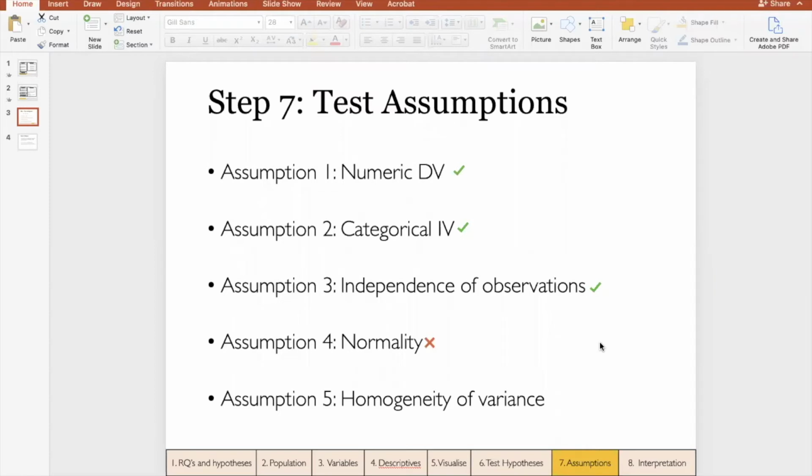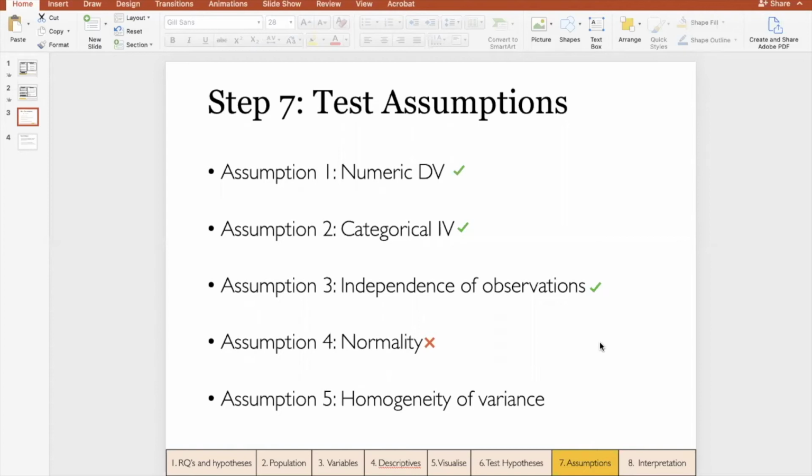And same thing with assumption 5, homogeneity of variance. We want to confirm if there's equal variability in our dependent variable across the 4 levels of our independent variable. That simply means that our standard deviation in sperm count for no soy should equal that standard deviation in sperm count for 1 soy, for 4 soy, and for 7 soy.